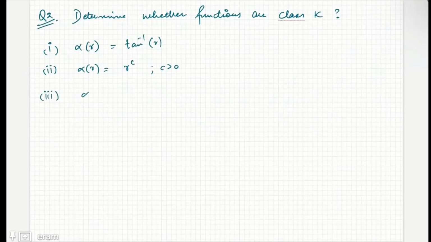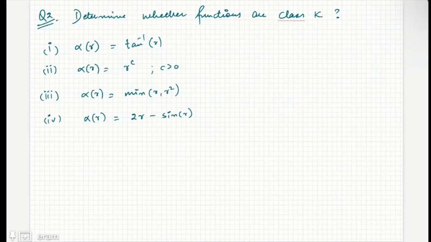The third function is the minimum of r and r square, and the fourth function is alpha r equals 2r minus sine r. We need to determine whether these functions belong to class K or not.